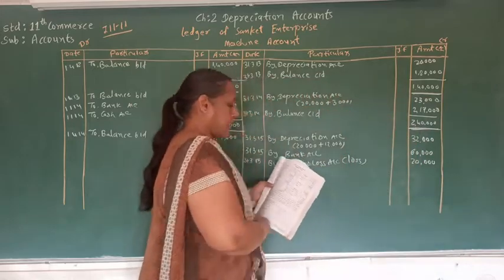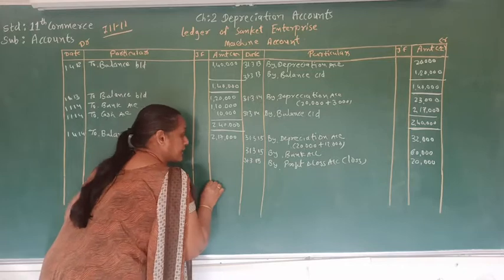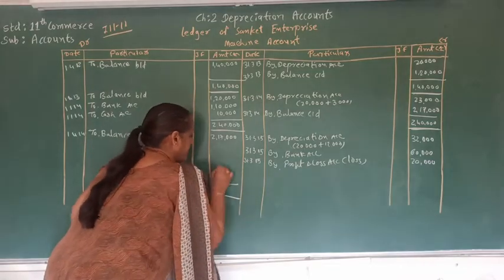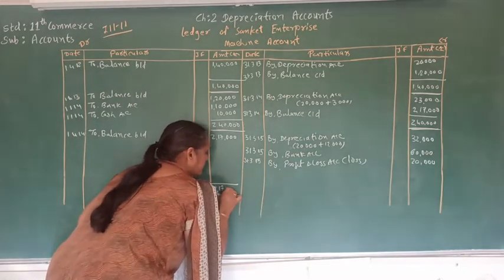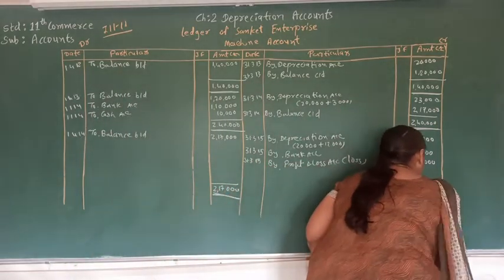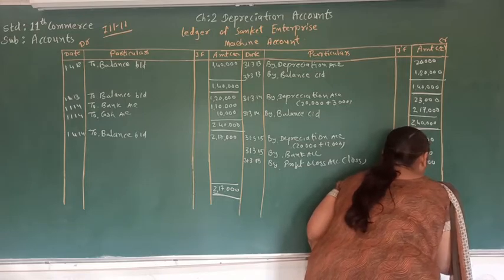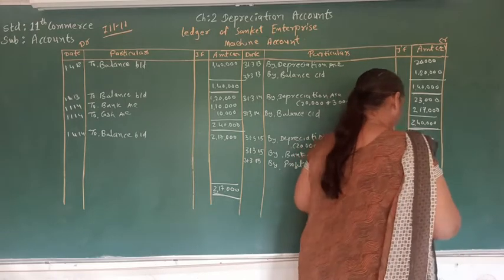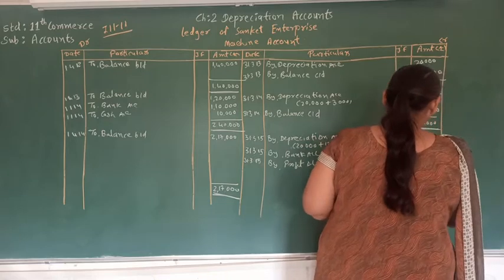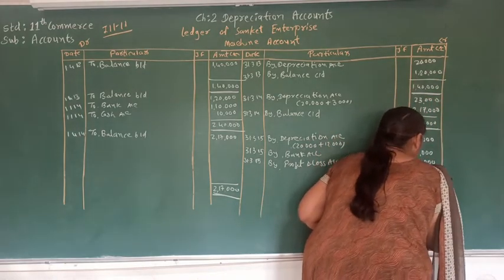Now, after that, we have to find out the balance of the machine account. Let's see. Here 2,17,000, that 2,17,000 we are going to carry forward to the credit side. From 2,17,000, if we deduct 32,000, 60,000 and 20,000, the balancing amount will be 1,05,000.